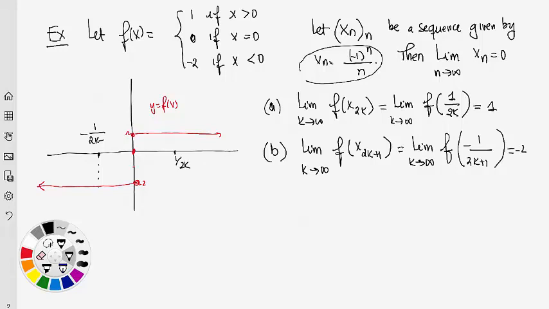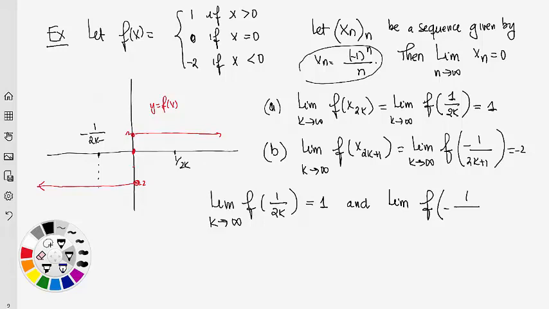So we observe two phenomena. The limit of f of 1 over 2k when k is approaching infinity is 1, and the limit of f of negative 1 over 2k plus 1 as k is approaching infinity is negative 2.